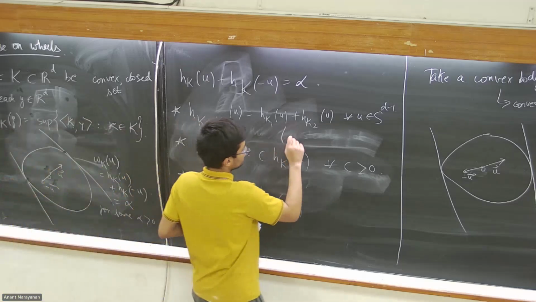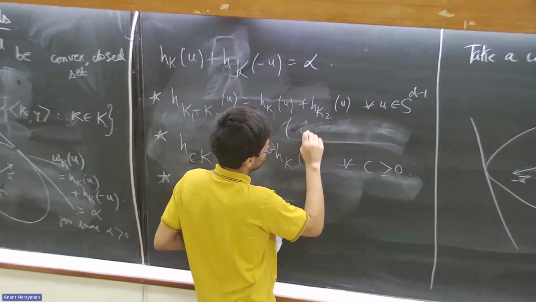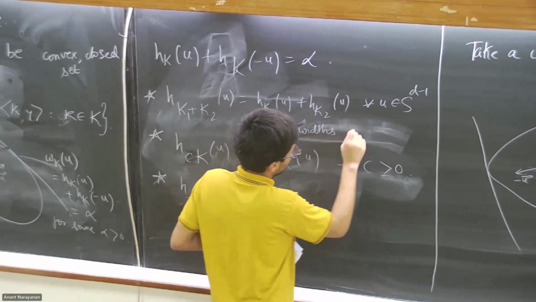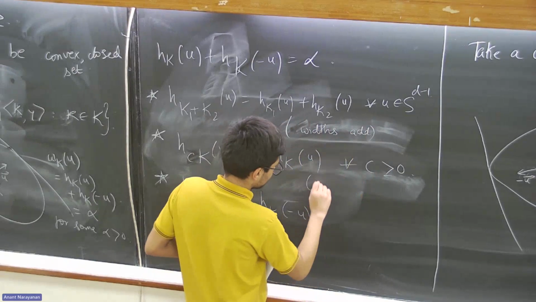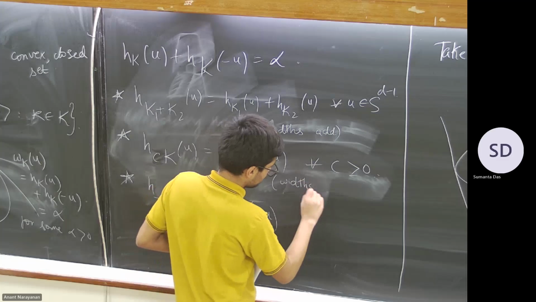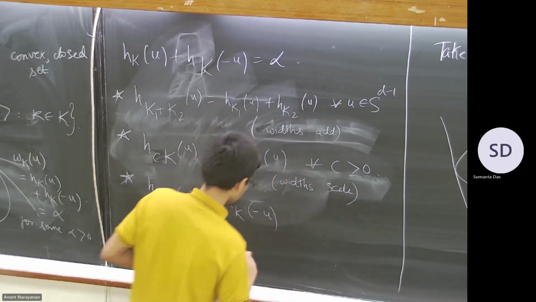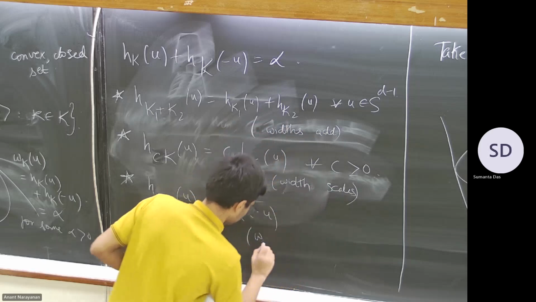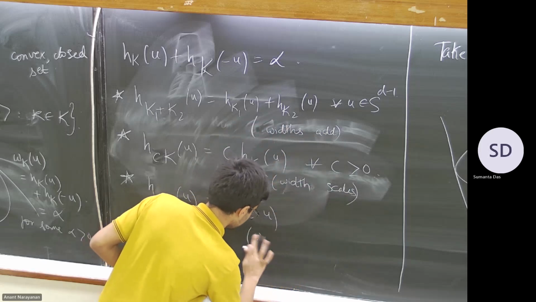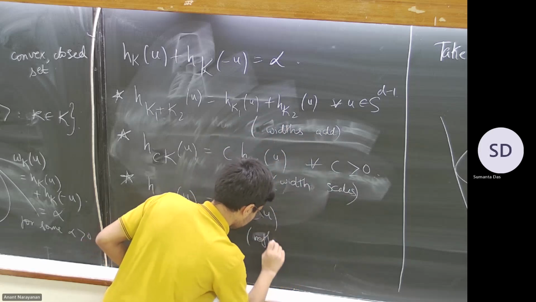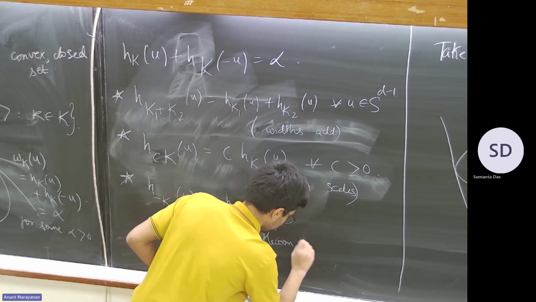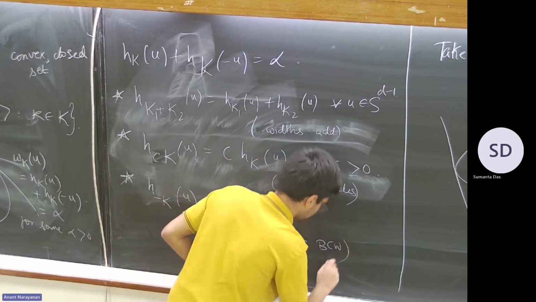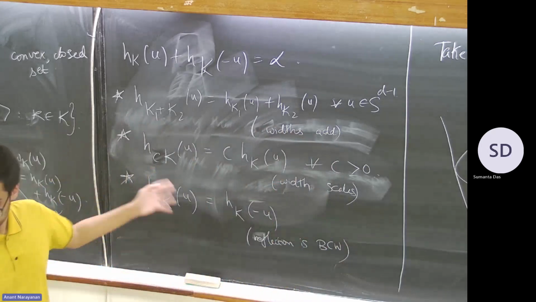So minus K will also be a body of constant width, with the same width.